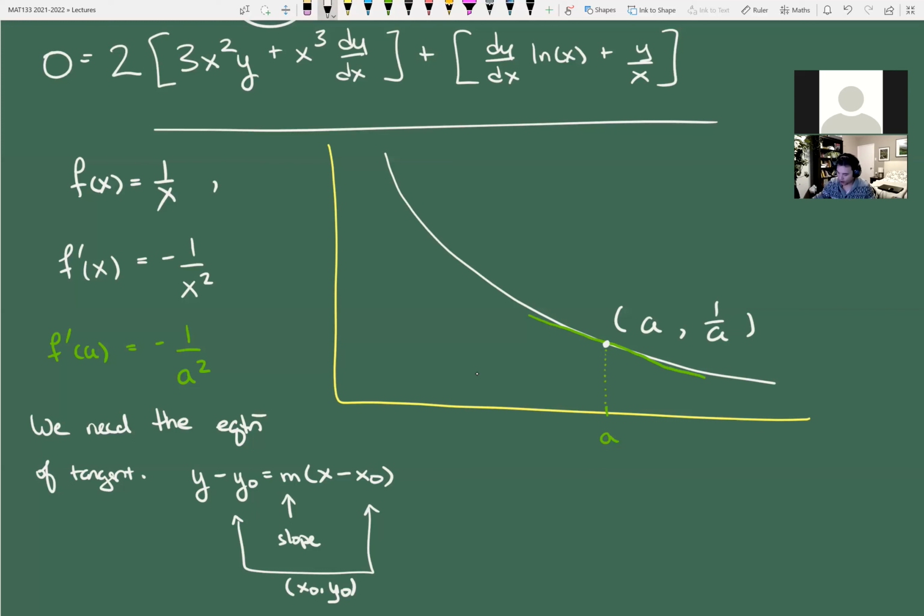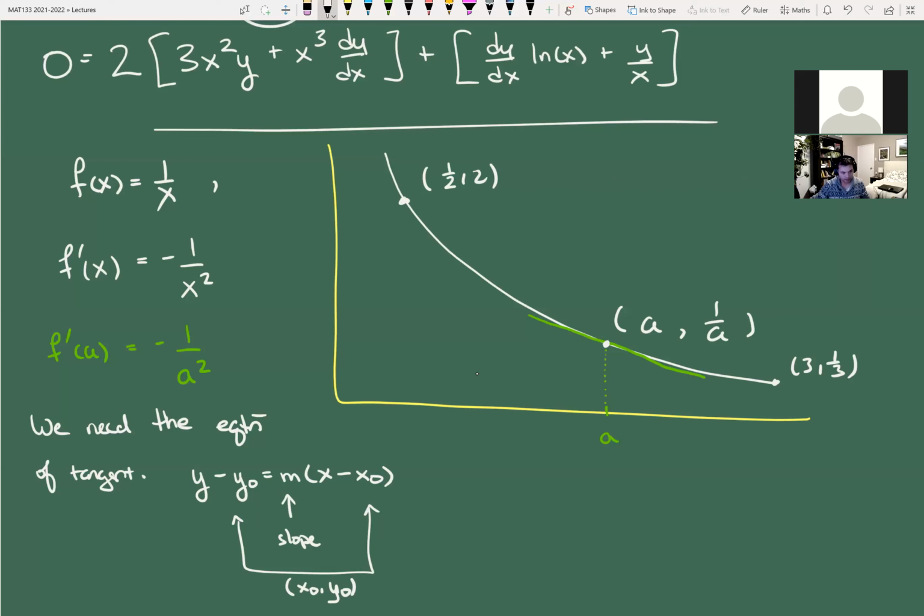So the points on the graph, like if this is the point 1/2, then that point is 2. And if this point is 3, then it's 1/3, right? That's the definition of the graph. It is the collection of all points where the input is the x coordinate, and the output is the y coordinate.